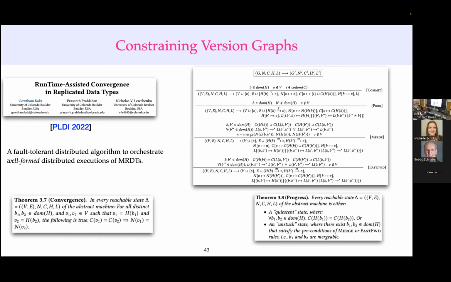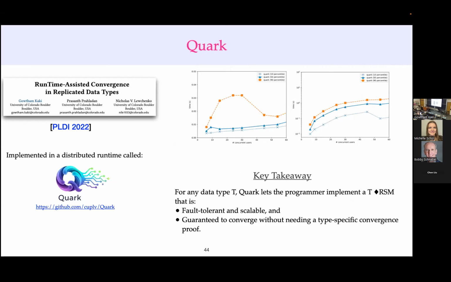We proved a convergence theorem, which says that regardless of how execution works, the execution always converges because the graphs are always semi-lattices, right? And there's always a way so that you can merge these things and make progress, right? We've machine checked these proofs so that they are watertight, and we implemented this distributed algorithm in a tool called Quark.